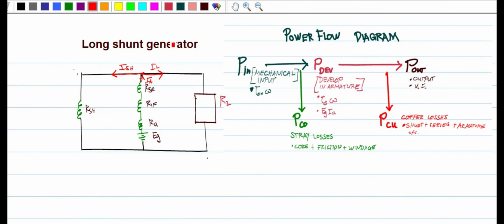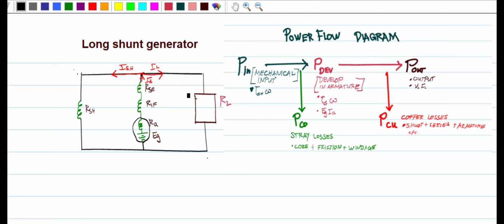Here is the long shunt generator circuit diagram: RSH, the series winding, which is RSE, RIF or interpole winding, and RA as the armature resistance here, and EG as the induced EMF of the generator.